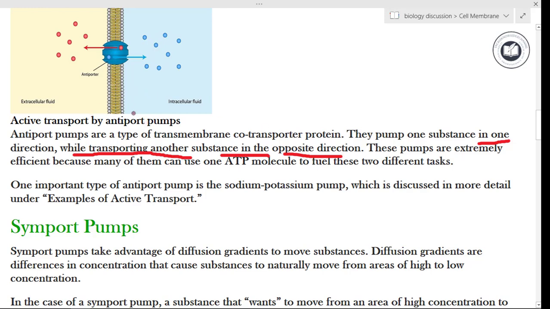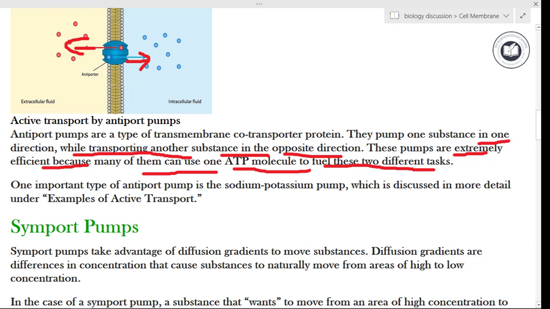These pumps are extremely efficient because many of them can use one ATP molecule to fuel these two different tasks.